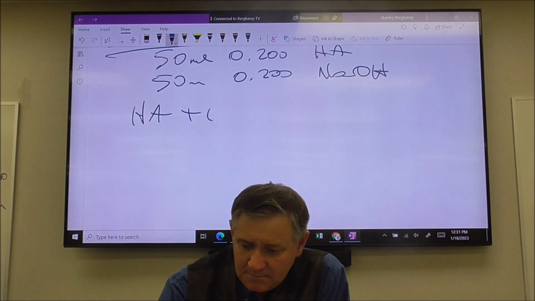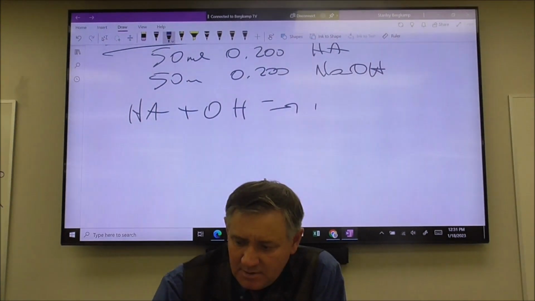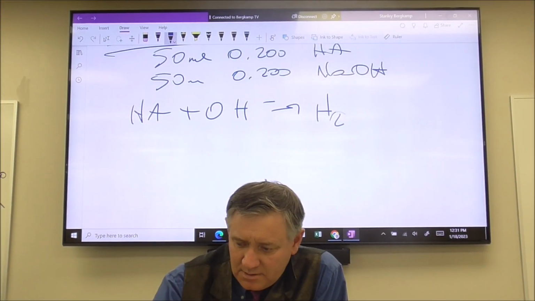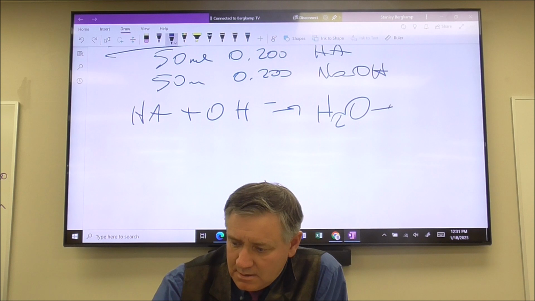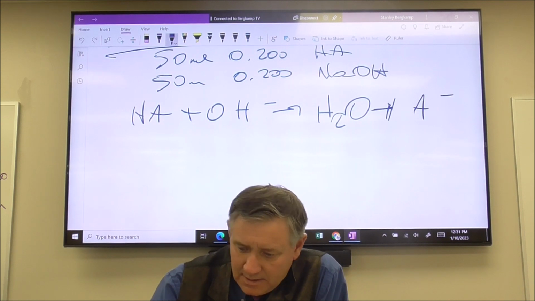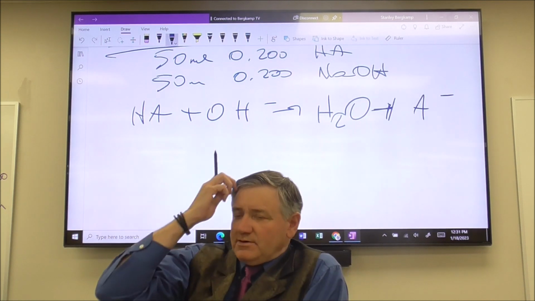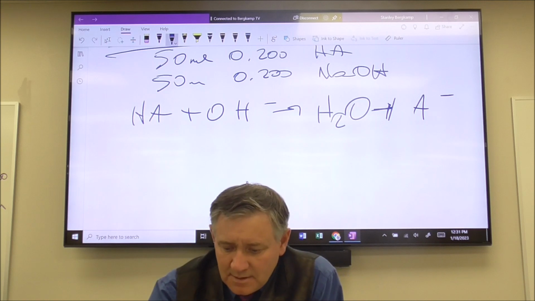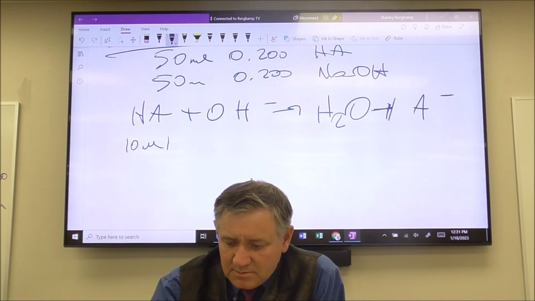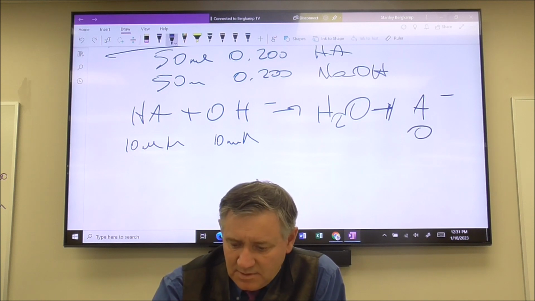So HA plus OH yields water and an anion. Now, here's where the magic happens. This is 10 millimoles, this is 10 millimoles, this is 0.